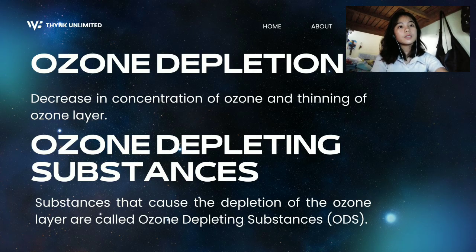So next, what is ozone depletion? Ozone depletion is the decrease in concentration of ozone and thinning of the ozone layer. There are substances that cause the depletion of the ozone layer. They are called ozone depleting substances or ODS.